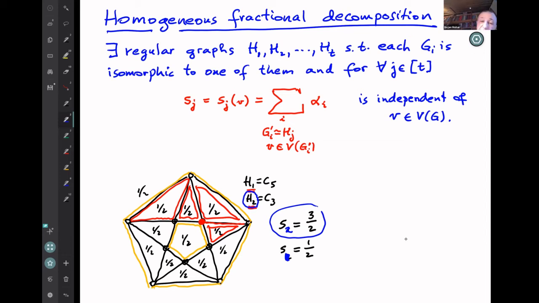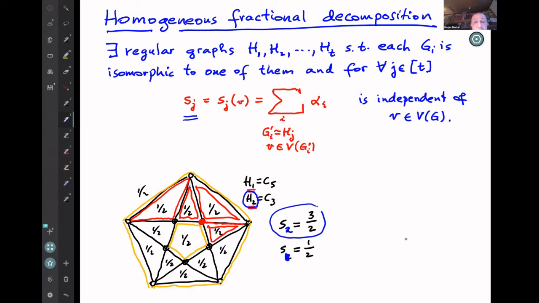And for the second type of graph, H1 here, the C5, you see every vertex is contained in precisely one of them, and it has weight 1/2. So for H1 is C5, we get this sum S1 to be equal to 1/2 for every vertex V. Now, when this happens for every vertex V, we say that this fractional decomposition is homogeneous.